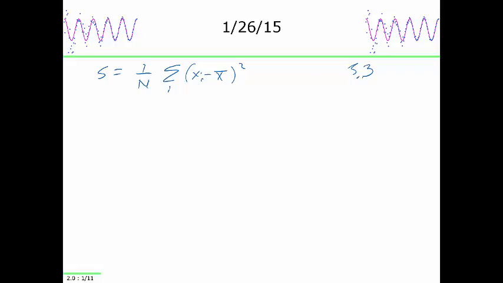How are we going to approach this? The first step is going to ask what is the PDF of x minus x bar? And our answer is going to be normally distributed.